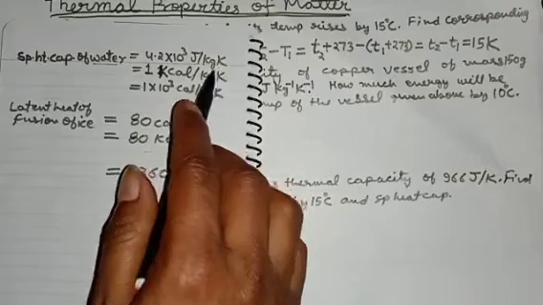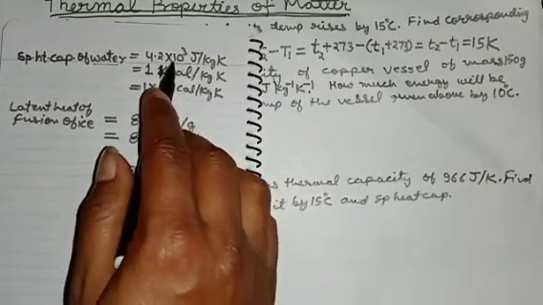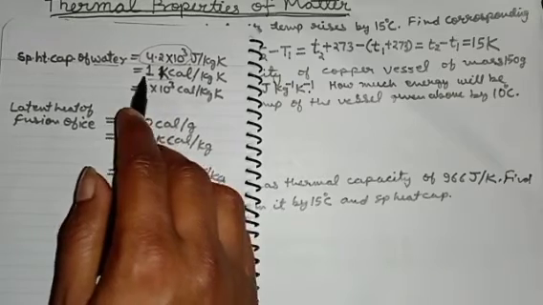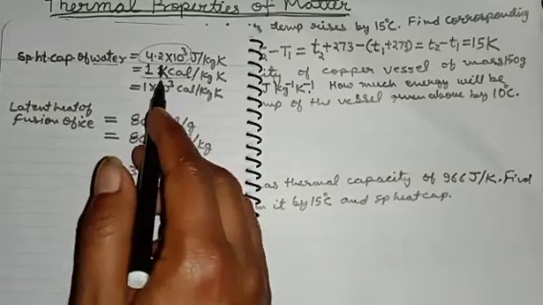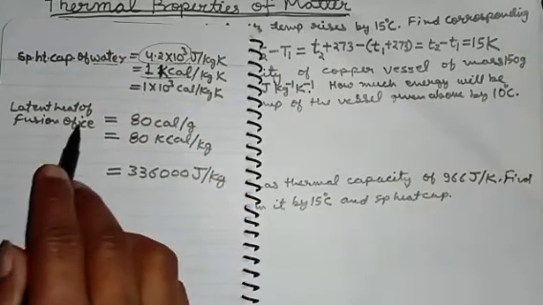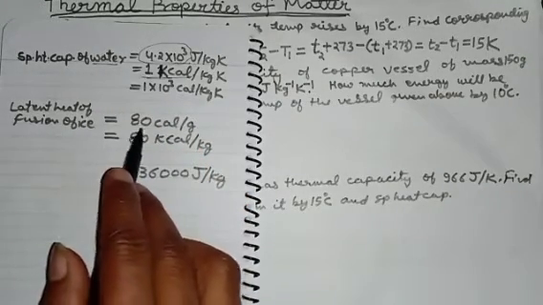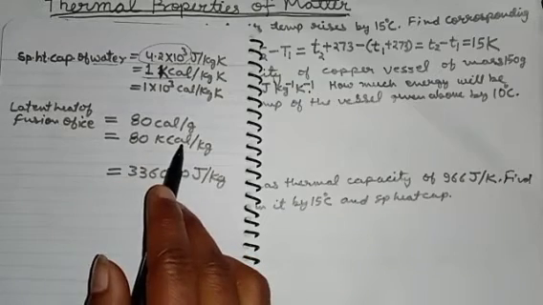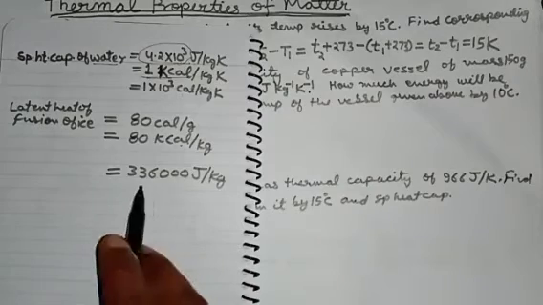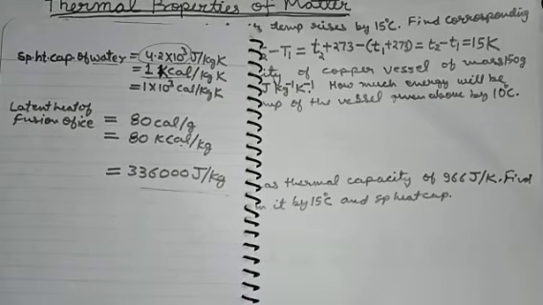In joule per kg Kelvin it is like this, and this entire thing is 1 kilocalorie, and kilo means 1000, so 1 into 10 to the power 3 calorie. And latent heat of fusion is 80 calorie per gram, 80 kilocalorie per kg, and in joule per kg it is this much.